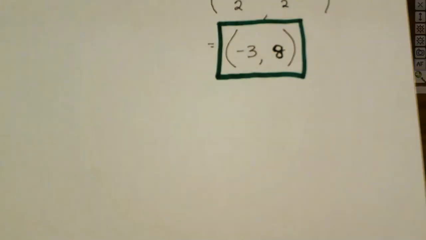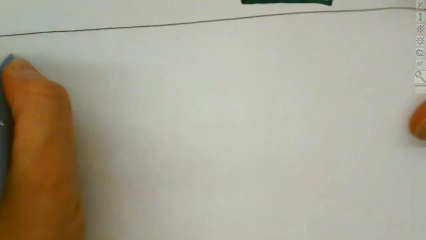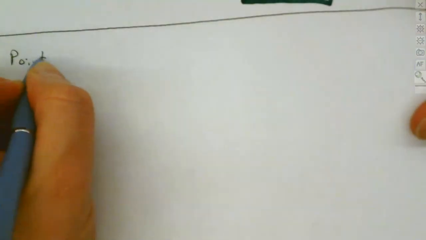Okay. So what we were talking about just a moment ago was we were finding the midpoint. Now I'm going to have you find one of the endpoints. This is going to be just like your homework here. I'm going to give you a point.